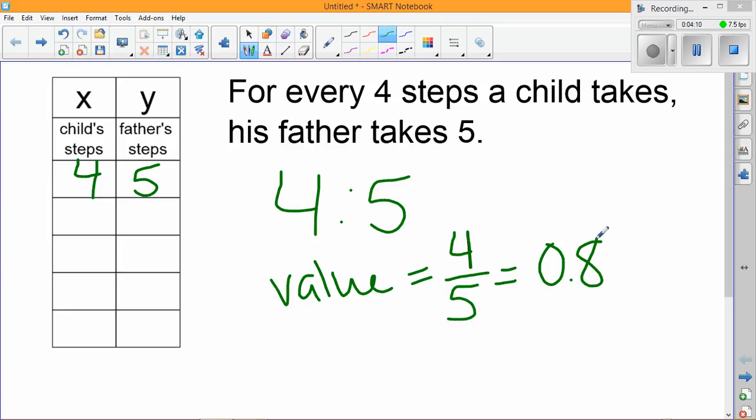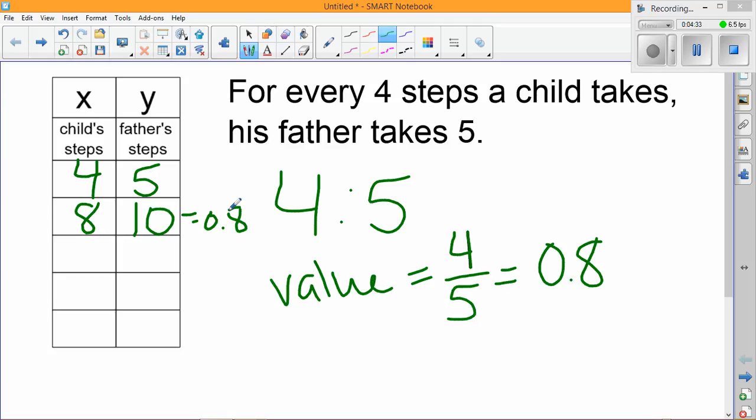So let's double our ratio. 4 times 2 is 8, and 5 times 2 is 10. So if I have 8 to 10, or 8 divided by 10, I should get 8/10, or again 0.8. The value is the same, therefore it's equivalent.